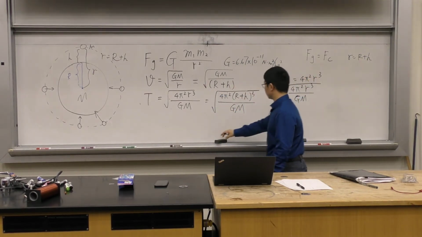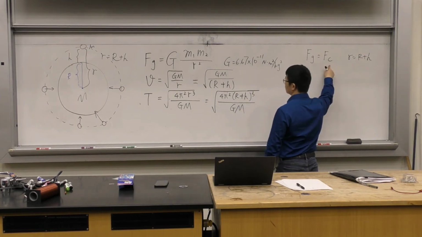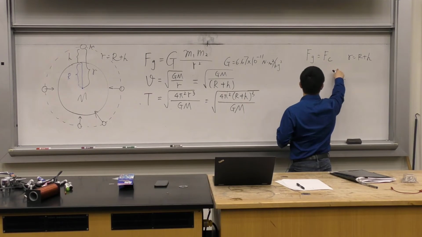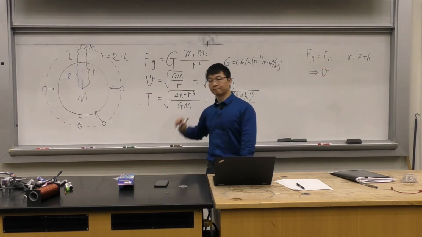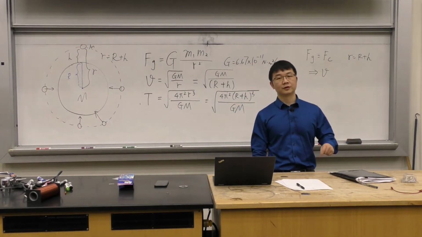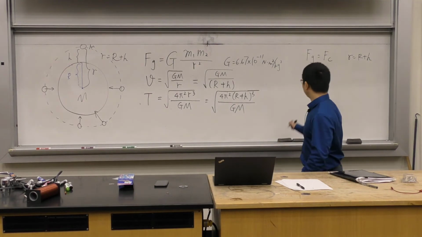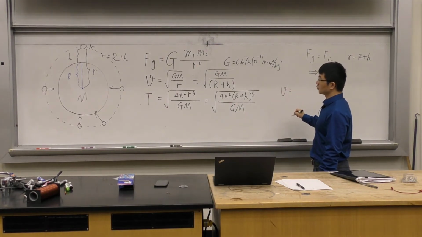The first thing we did was this. Because gravity is the centripetal force, when I equate them, I will find an expression for v. So that's how we found this one. And then once you find v, how do you find the period? Well, I'm still going to use the definition of speed in circular motion.